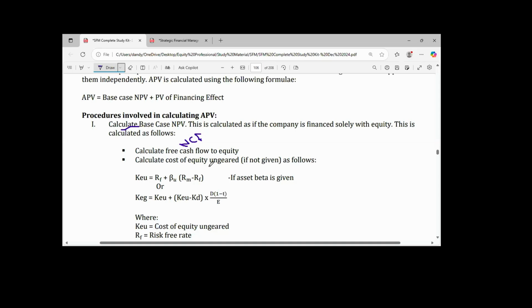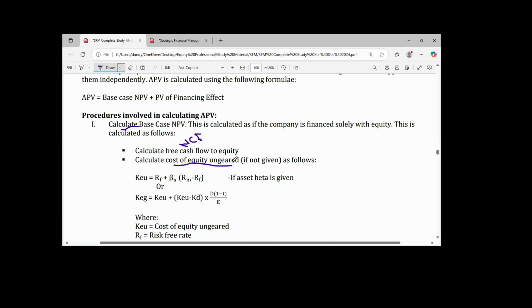Now, like I said, when you want to calculate the cost of equity ungeared, there are 3 different ways you can achieve that, depending on the information available. If the beta of a proxy company is given to you, then there are 3 procedures you are going to carry out. The first procedure will be to identify the proxy beta.